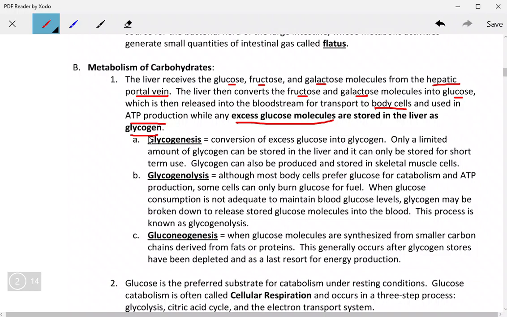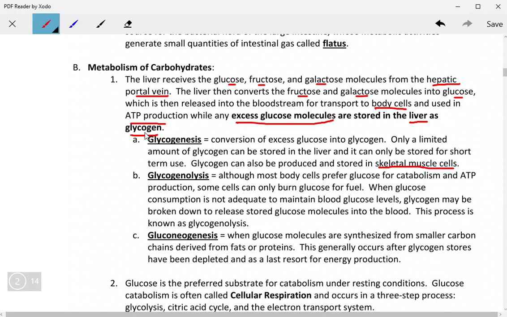So excess glucose molecules are stored as glycogen, but where? There are two primary locations for this. They can be stored in your liver. It's definitely going to be stored in your liver. And there is another location for this. It can also be stored in your skeletal muscles. So these are the two primary locations for the storage of glycogen. Keep that in mind, okay?